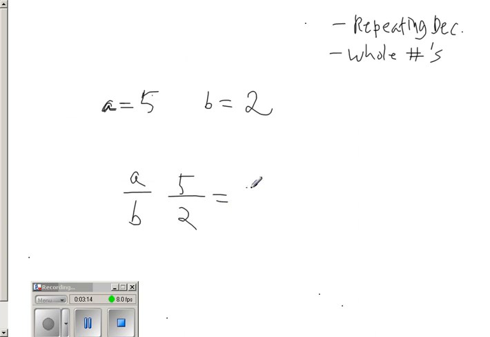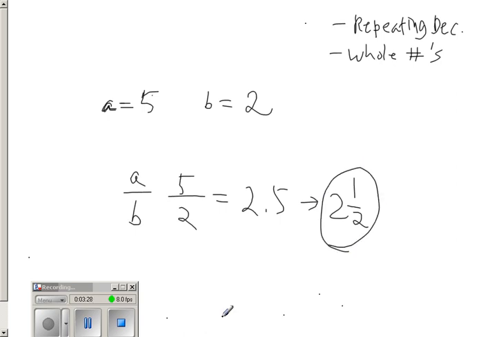So that's a type of number that we get when we achieve an A divided by B. And we can also think of that as 2 and a half. That might be a better way to look at it, because we probably have a name for it, and we probably remember from our learning last year or the year before. This is called a mixed fraction. And if we want, we can call the other one a mixed number. It has a whole number and a decimal part to it. So mixed numbers are also rational numbers. We know where they come from.